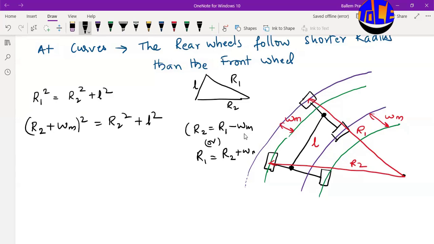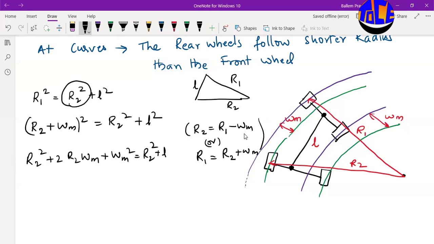We can use either one: replace R2 with R1 minus WM, or replace R1 with R2 plus WM. Let us expand this equation, which is of the form a plus b whole square. It is R2 square plus 2 R2 WM plus WM square is equal to R2 square plus L square.